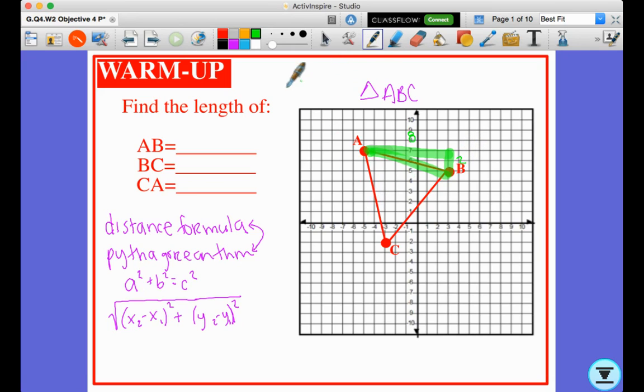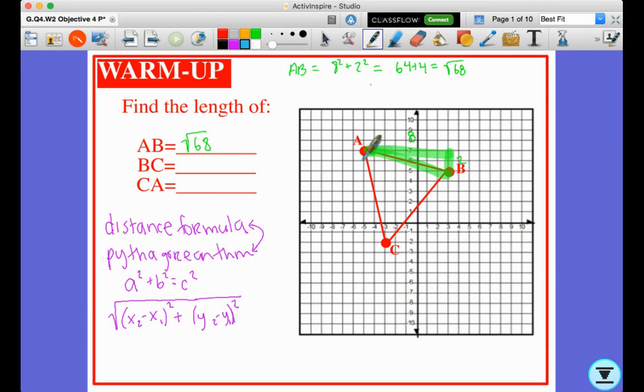So to figure out the length of AB, I'm going to do 8 squared plus 2 squared, which is 64 plus 4. So that is going to be the square root of 68. For the moment, I'm going to leave it like that. I'll simplify them all at the end.